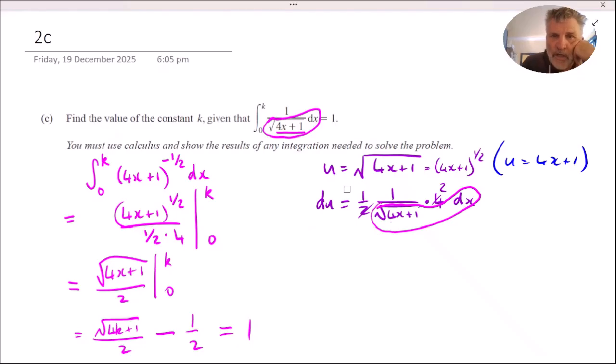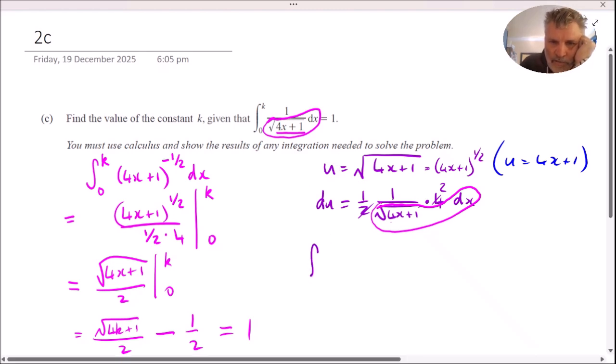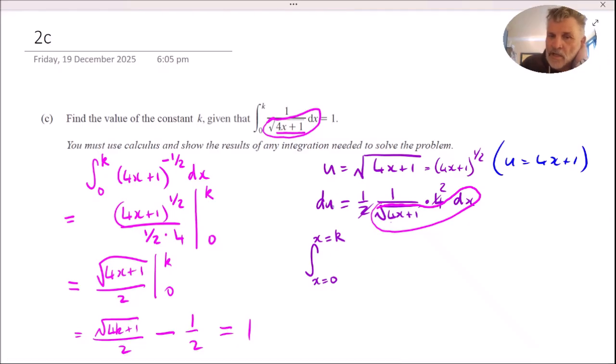So now our integral becomes the integral. When I do a substitution, I like to explicitly write the limits out without changing them, x equals k, x equals 0, because I don't want to be substituting those limits in for u as I do this.